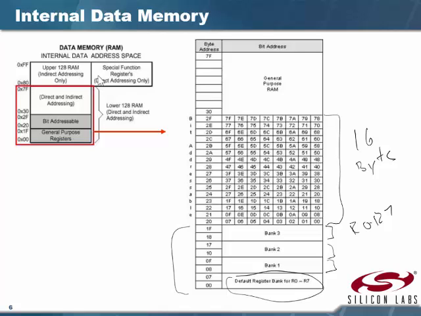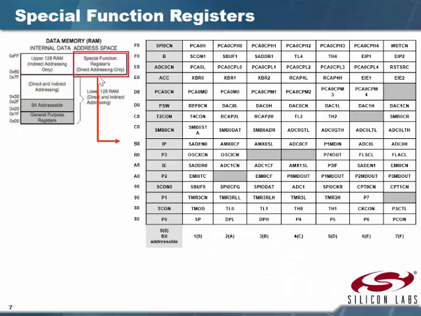And then we've got another block of memory right here that is just general purpose RAM. So we'll probably use these for most of our lab experiments for right now. It's a little easier to use. Now, as we get to the top part, we end up with our special function registers.